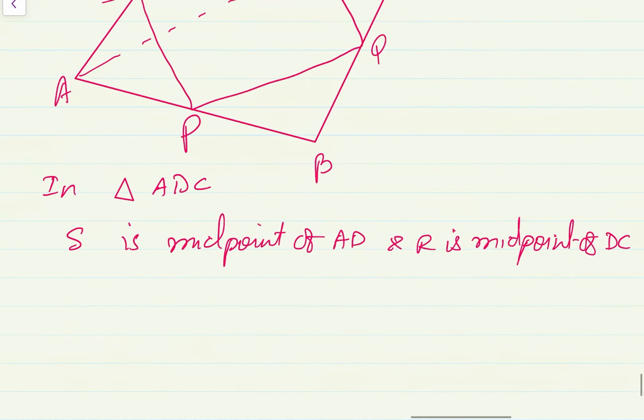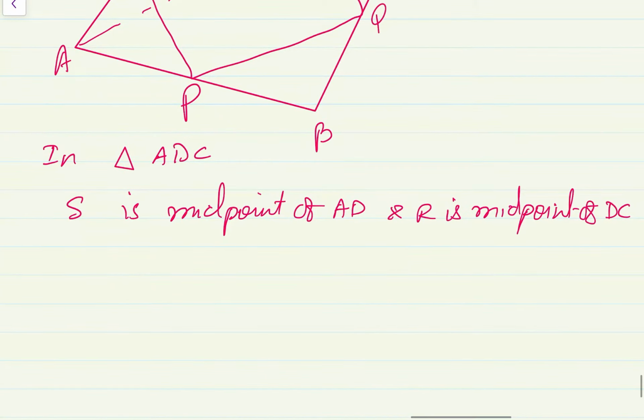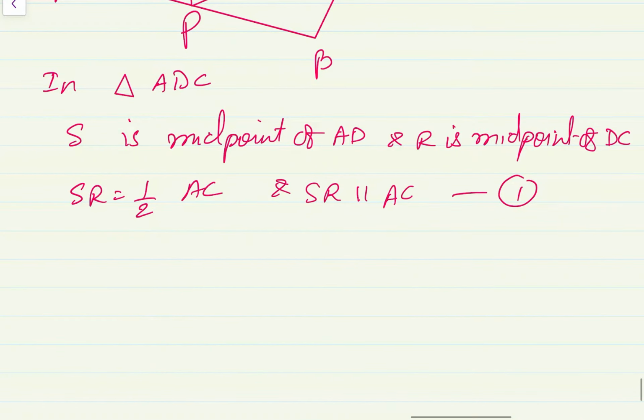Therefore, according to the midpoint theorem, SR is equal to half AC and SR is parallel to AC. That is your first result according to midpoint theorem. Second, isn't that very simple?